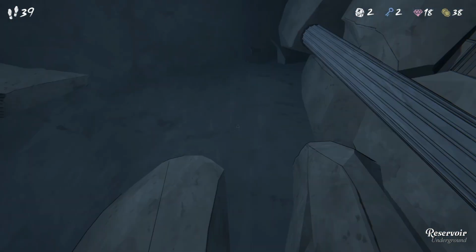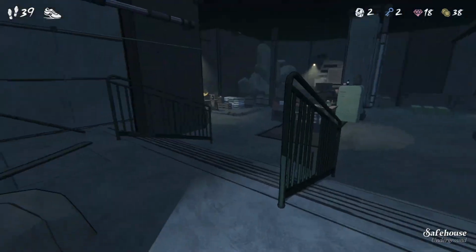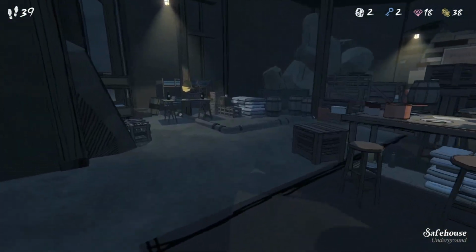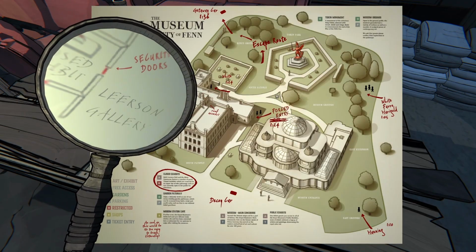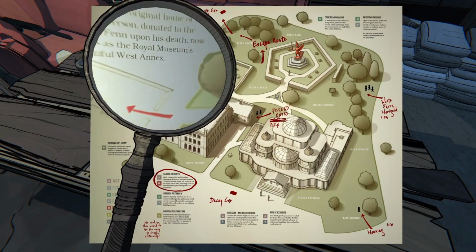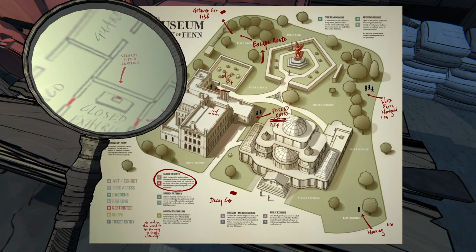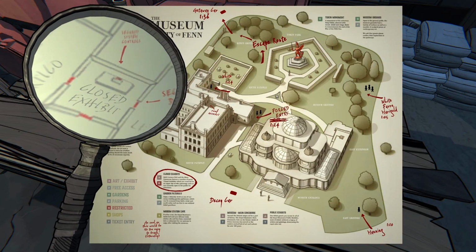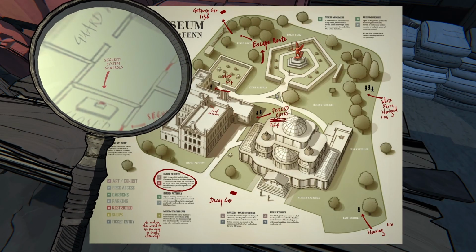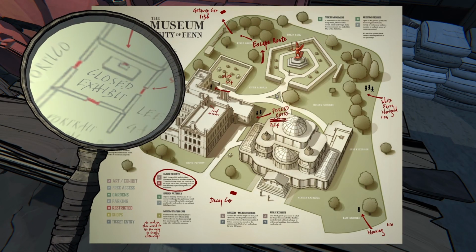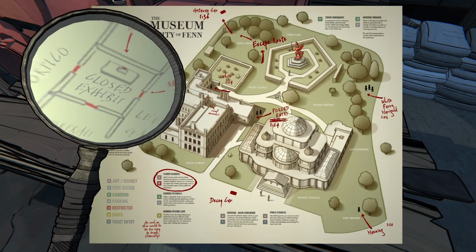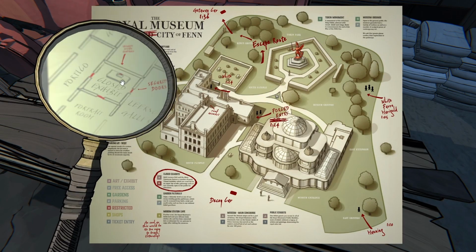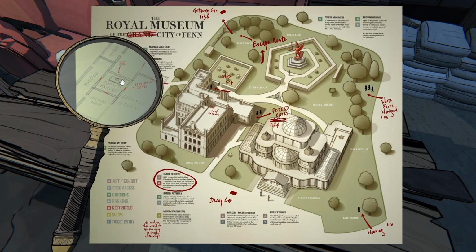Okay, let's have a look. Okay, so over here was where I saw text I couldn't read. Security doors, guards, security system controls. I wonder if I need to do the same thing as Foundation and go behind it to get the controls, like I had to go behind Foundation to get the controls for the elevator.